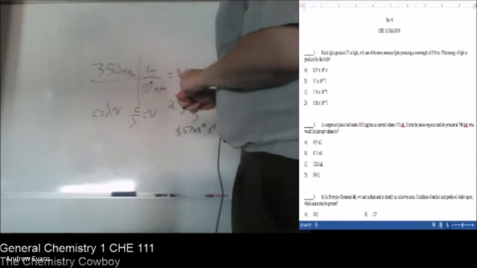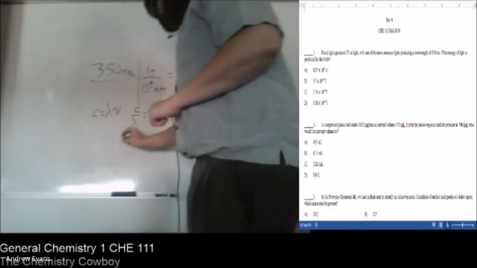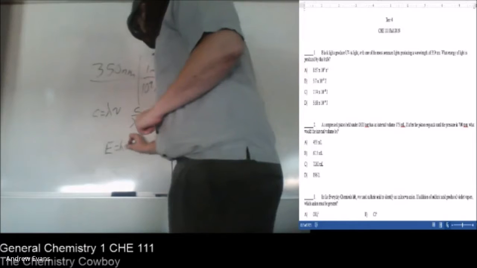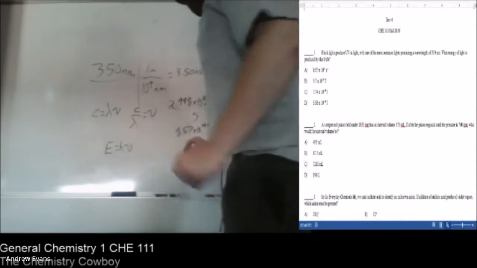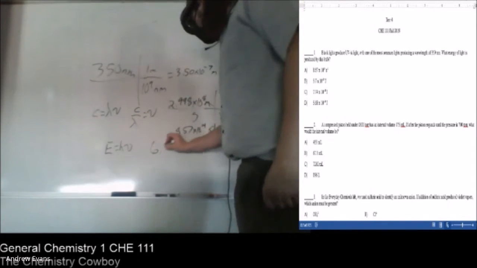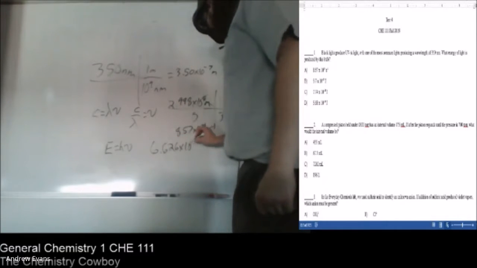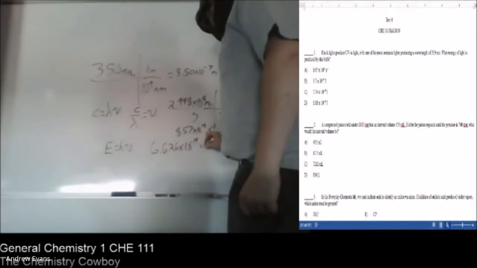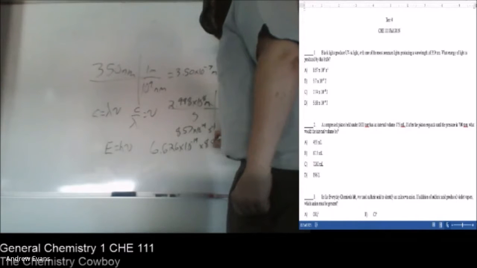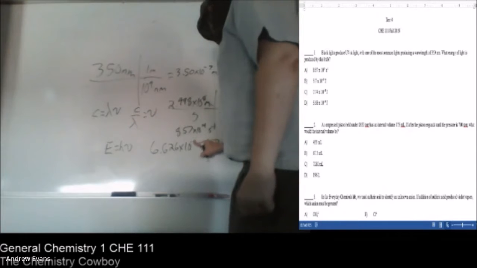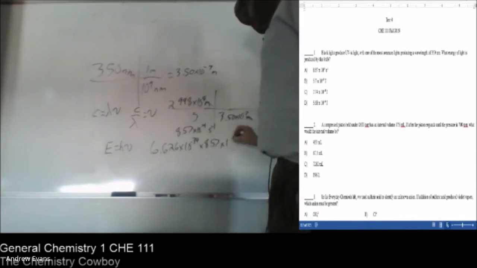Lastly, to actually answer the question, E equals h nu. h is 6.626 times 10 to the negative 34th, sorry, not negative 19th, negative 34th, times 8.57 times 10 to the 14th.